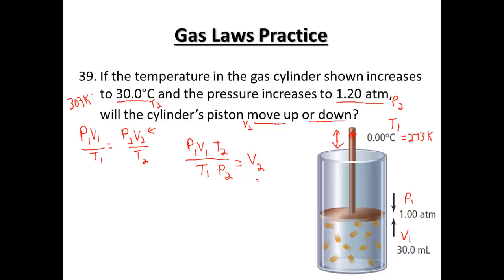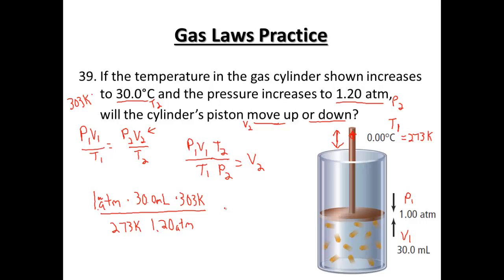So to plug in our information, our pressure to begin with, pressure 1, 1 atmosphere, times volume 1, 30 milliliters. Temperature 2 is on top, times our 303 Kelvin. Divided by temperature 1, our initial temperature, 273 Kelvin, and pressure 2, what it's changed to, 1.2 atmospheres.